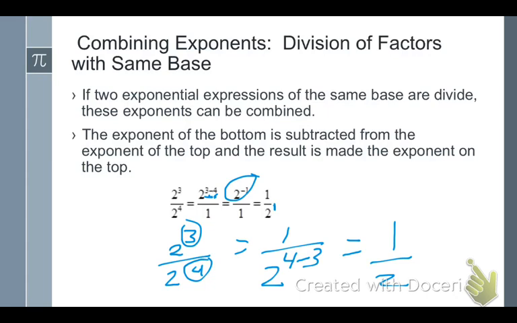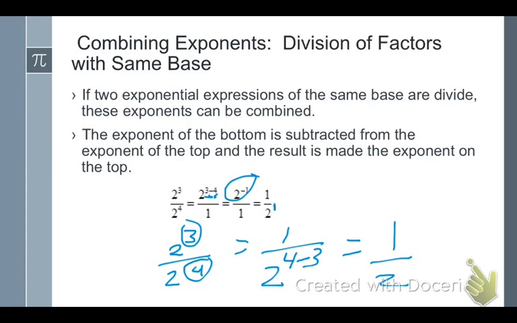So division, you're subtracting. The number you start subtracting with, if it's the exponent on the top, you leave the result on the top. If it's the exponent on the bottom, you leave the result on the bottom. Students get confused when we start to involve negative exponents in this. I would suggest that maybe you convert all your exponents to a position where they are positive and then proceed with simplification.